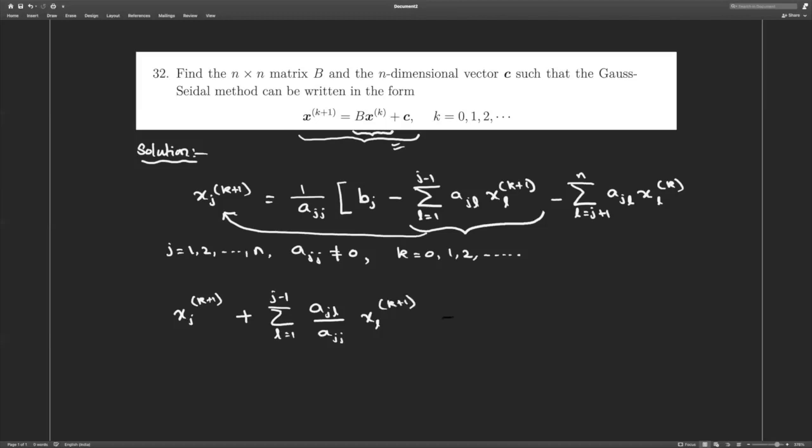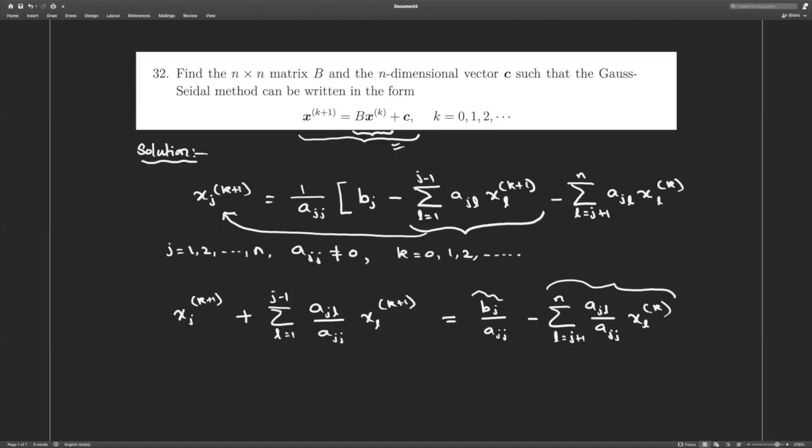And what remains on the right hand side is b j by a jj, that is coming from the right hand side vector, and it also involves another term that is given by minus sigma l is equal to j plus 1 to n a jl divided by a jj x l k. So now this is going to contribute to B x k, and this is going to contribute to our vector C.